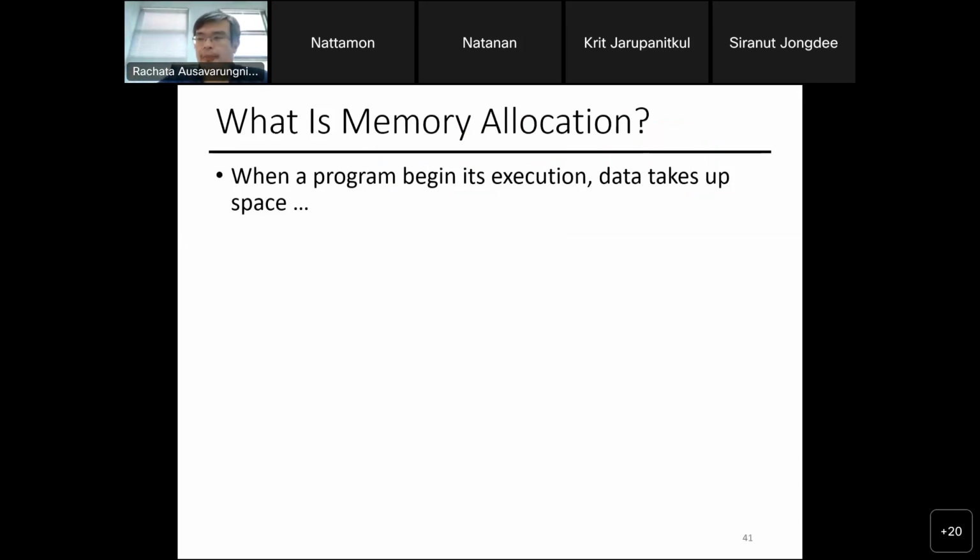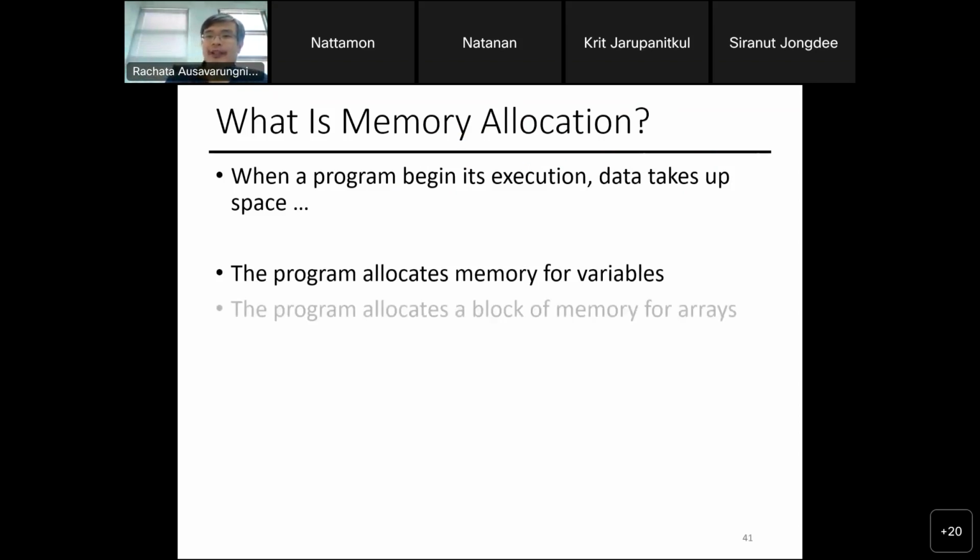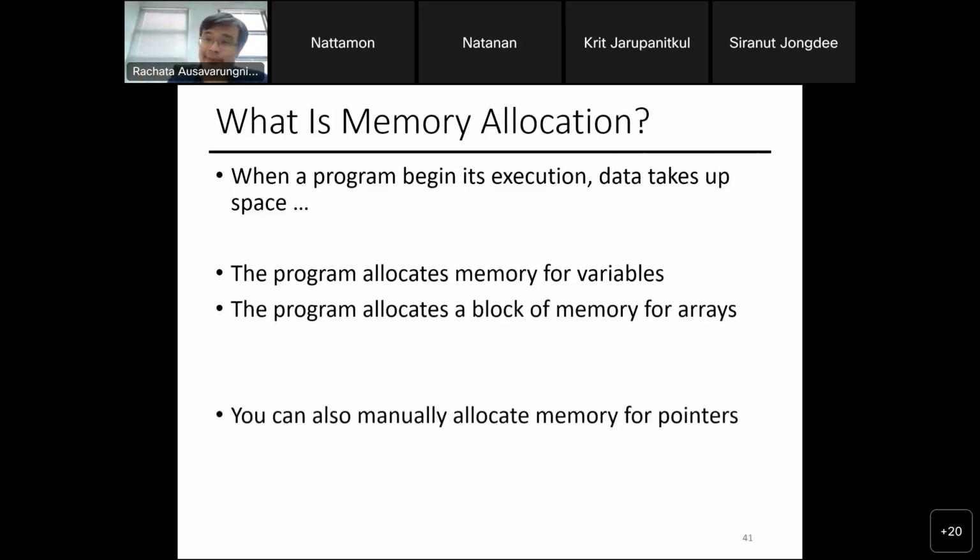The program allocates memory for the variables that you use, and it also allocates a block of memory for your array. But with pointers, you can also manually allocate memory.